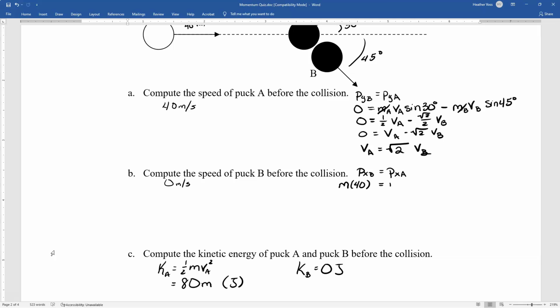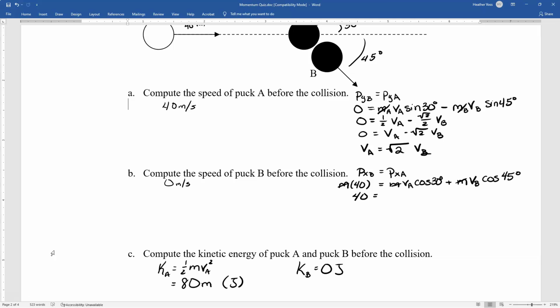Then we've got mass of A times velocity of A cosine of 30 degrees, and then plus mass of B, velocity of B cosine of 45 degrees. Again, masses are all going to cancel. So I've got that 40 is going to equal the velocity of A, well, not really sure what that is, but I do have a connection here to velocity of B.